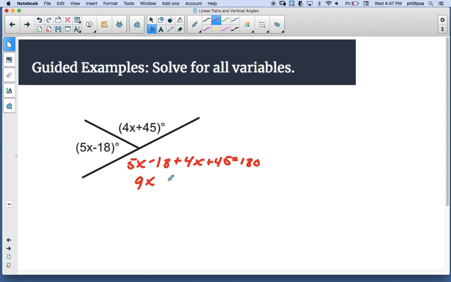I'll get down to 9x plus 27 is 180 degrees. So we got 9x equaling 153 to finish up with x equaling 17 here.